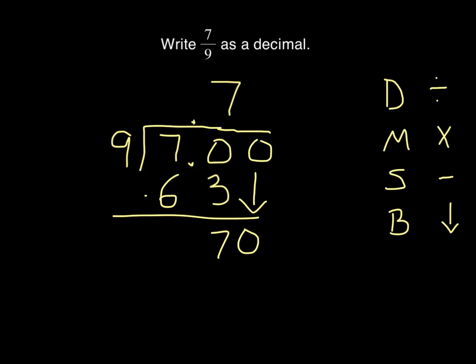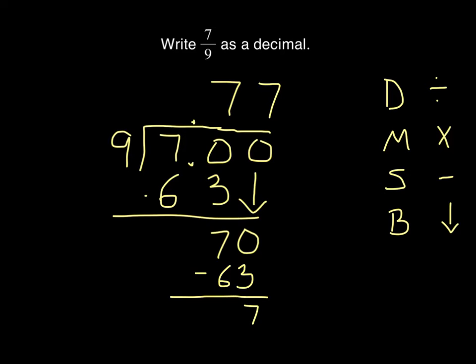So now I'm back up here to the dividing part. How many times will 9 go into 70? And there again, it's going to be 7. So I divided, now I multiply. 7 times 9 is 63. Okay, so I just multiplied, now I'm going to subtract.